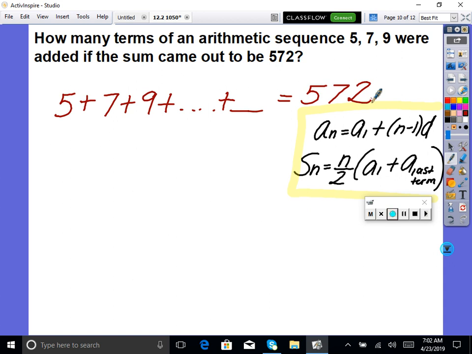So let's see if we can start by, aren't we trying to figure out in the sum formula what n is? Because it said how many terms did you sum up?